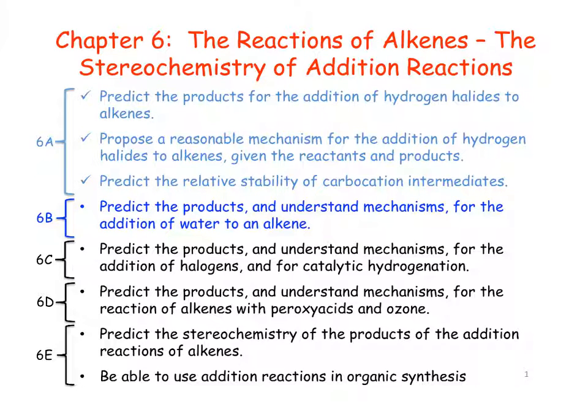In the last video, we went over the first of our electrophilic addition reactions to alkenes. Remember, in this section we looked at the addition of hydrogen halides like HCl, HBr, or HI.